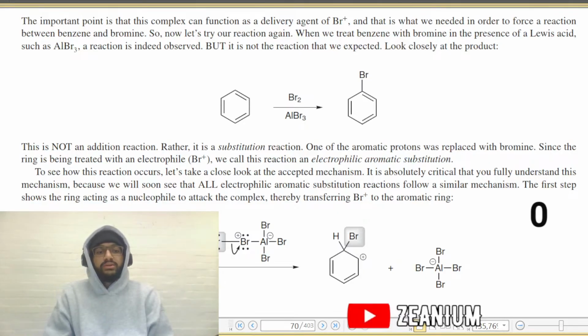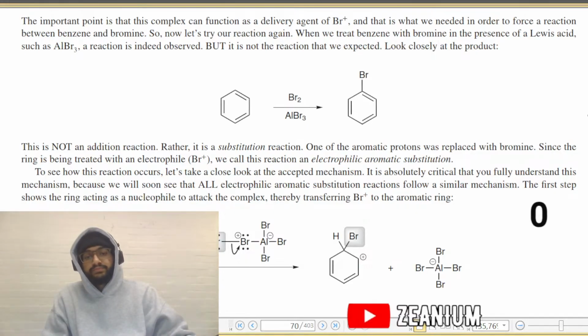It is absolutely critical that you fully understand this mechanism, because we will soon see that all electrophilic aromatic substitution reactions follow a similar mechanism. The first step shows the ring acting as a nucleophile to attack the complex, thereby transferring Br plus to an aromatic ring.